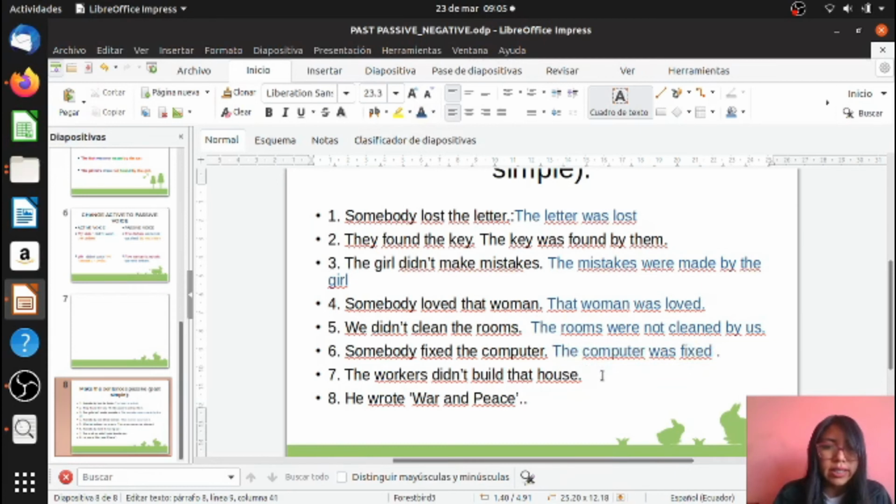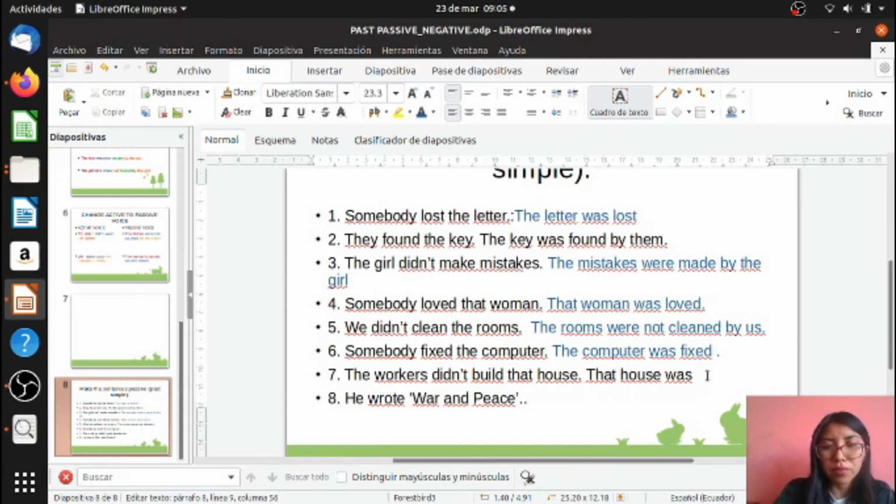In this exercise, the worker didn't build that house. In this case, there is past simple, built, that is the negative of the past simple, and we are going to change to passive. We are going to copy the same. That house is singular or plural? Singular, so we are going to use was. That house was, and pay attention, what is the past participle form of that verb?